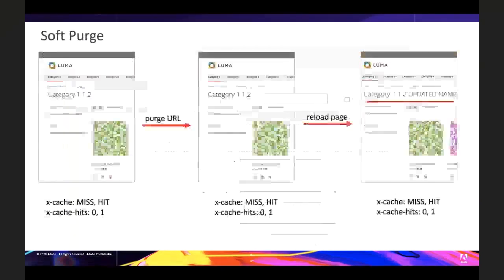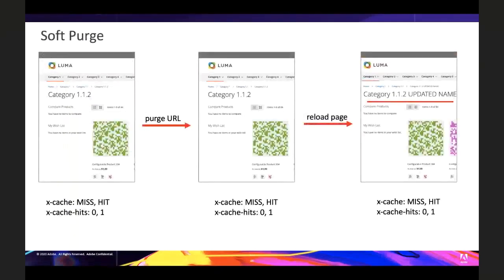And sometimes you may notice an effect. For example, if you change something, like in this example, I changed a category name. You clean the cache and you go to the page again on the storefront, and you may notice that you have the same content.